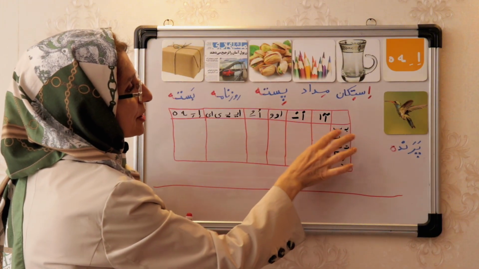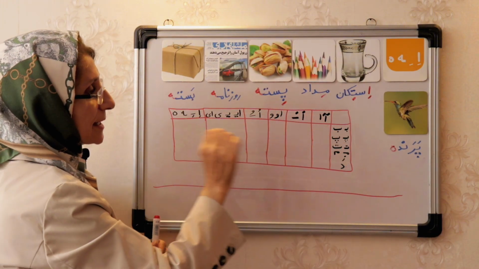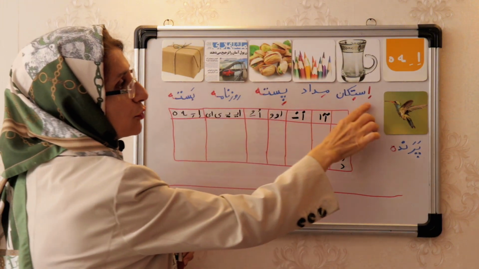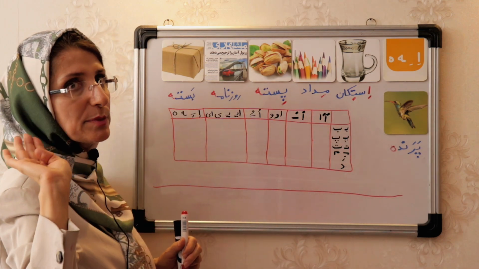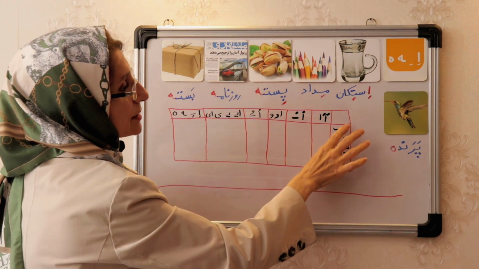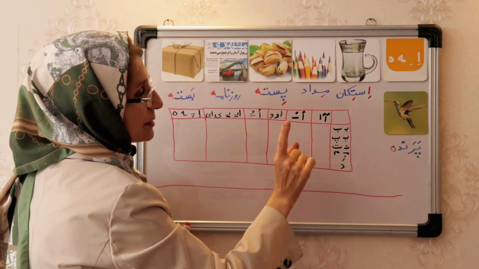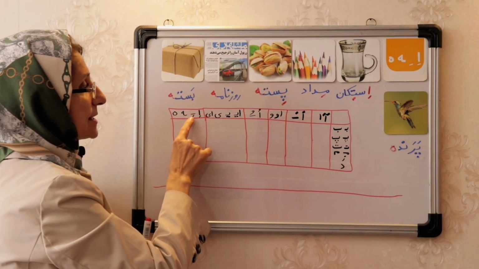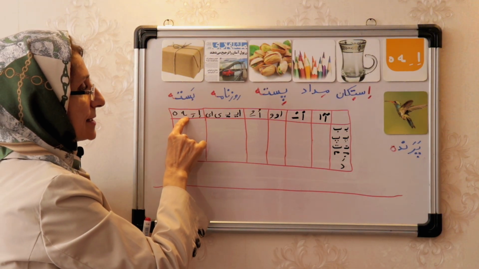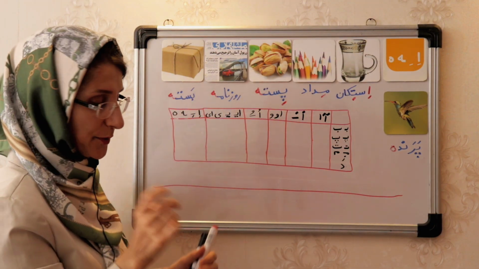If we make friendship between B and A, this A, as I told you, is always at the beginning. So, the consonant can make friendship between this A and this and this. Okay?